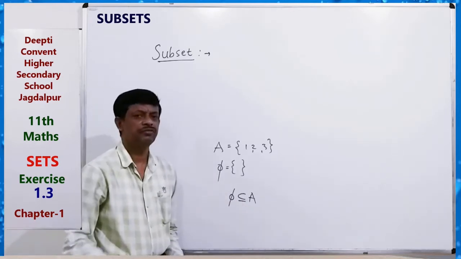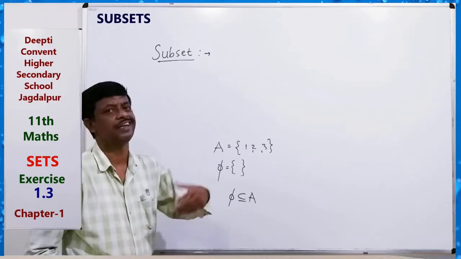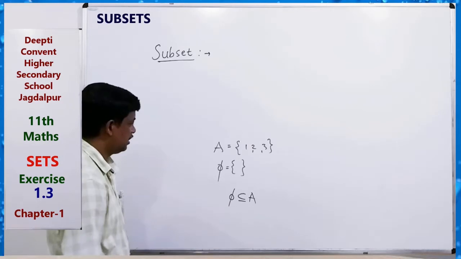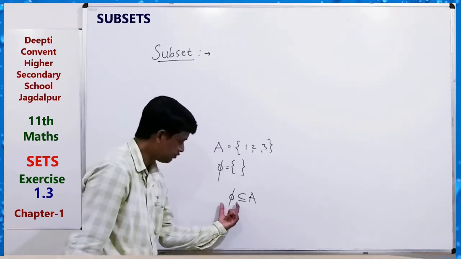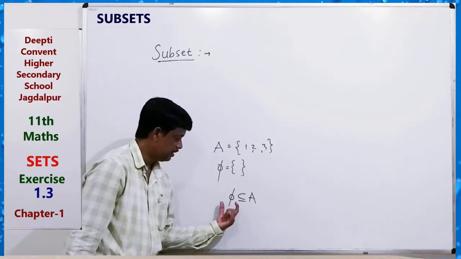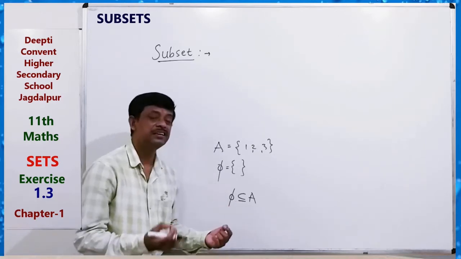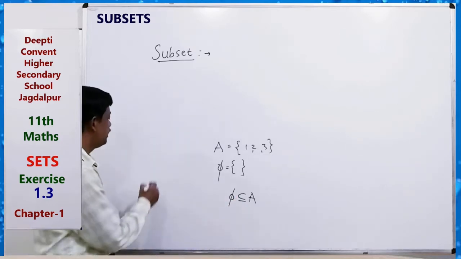So phi is always a subset of any set containing some element. Okay, and this is void set, null set, trivial subset.